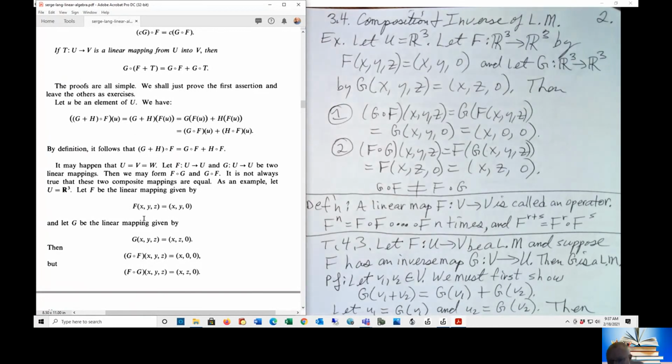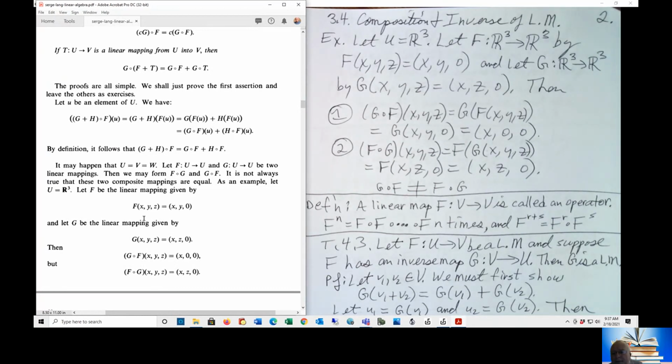Suppose U is R3, and suppose F is the linear map from R3 to R3, given by mapping the ordered triple x, y, z to x, y, 0.